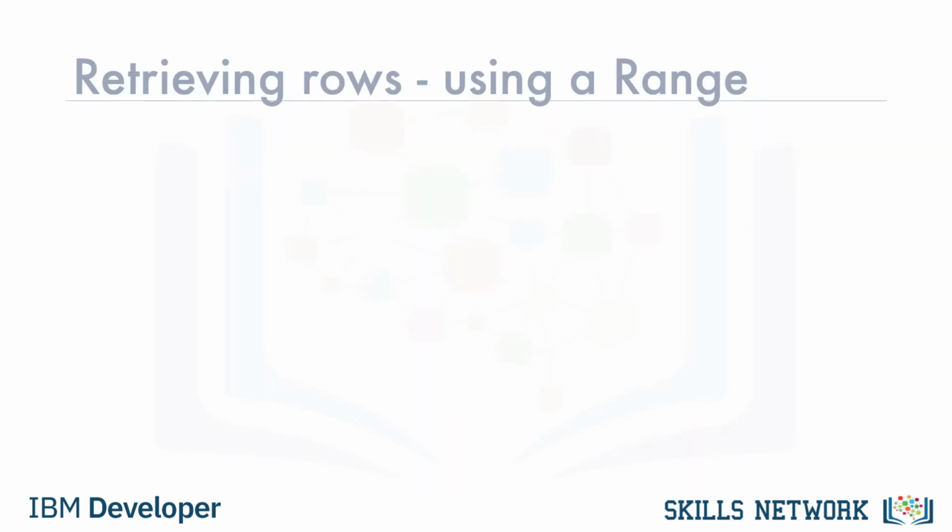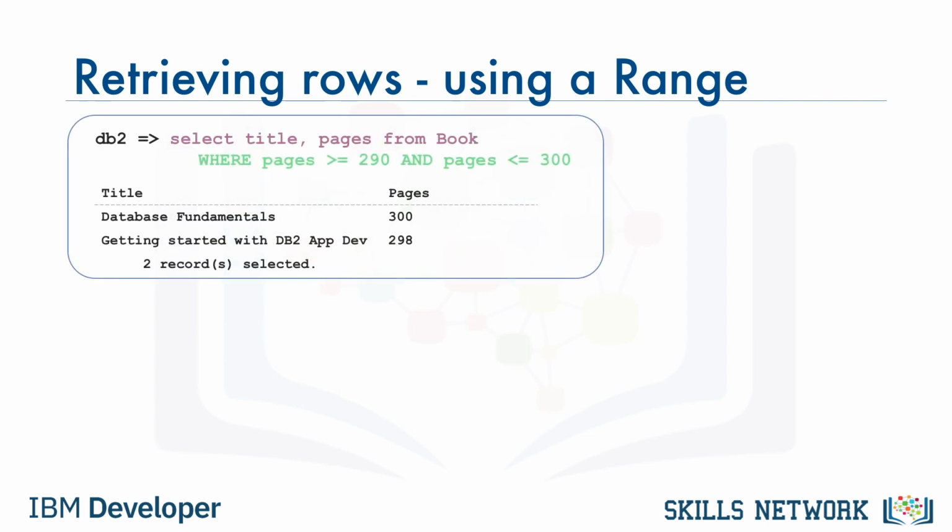What if we wanted to retrieve the list of books whose number of pages is more than 290 but less than 300? We could write the select statement like this, specifying the where clause as where pages is greater than or equal to 290 and pages is less than or equal to 300. But in a relational database, we can use a range of numbers to specify the same condition.